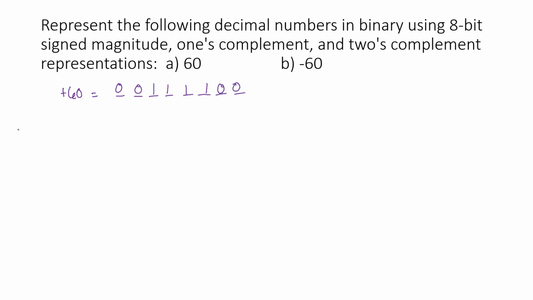Alright, so let's figure out the sign magnitude. And here's a hint: the sign bit is 1. So how do we change this from plus 60 to negative 60 in sign magnitude?